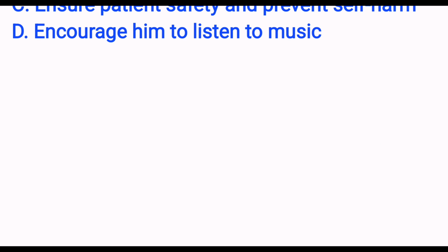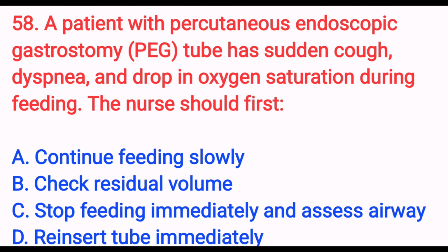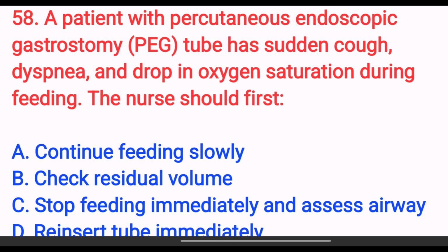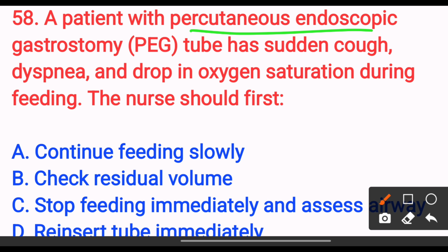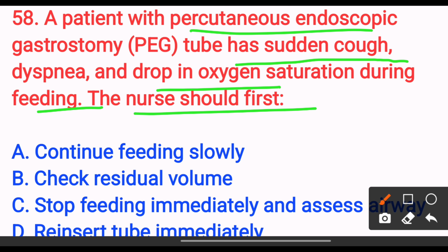Next, a patient with a percutaneous endoscopic gastrostomy tube has sudden cough, dyspnea and drop in oxygen saturation during feeding. The nurse should first, option A, continue feeding slowly.